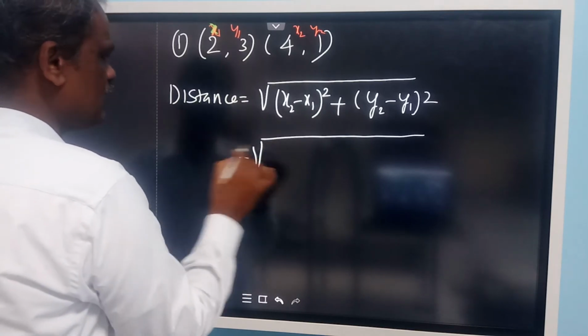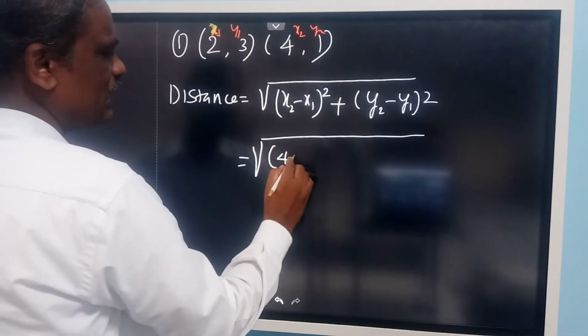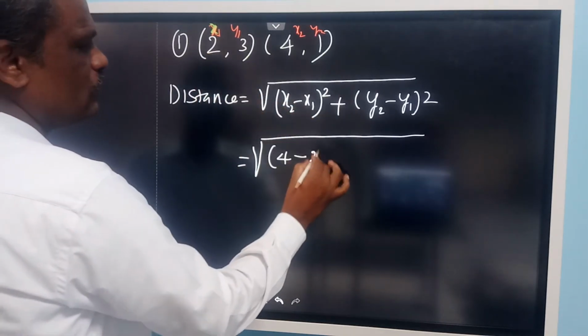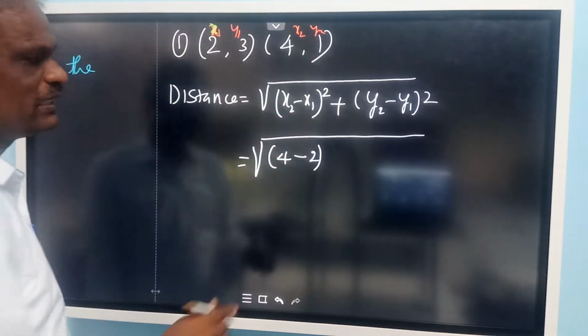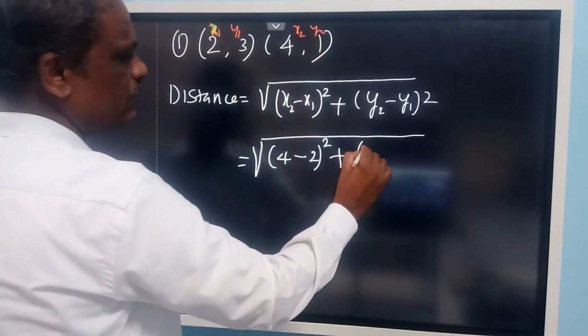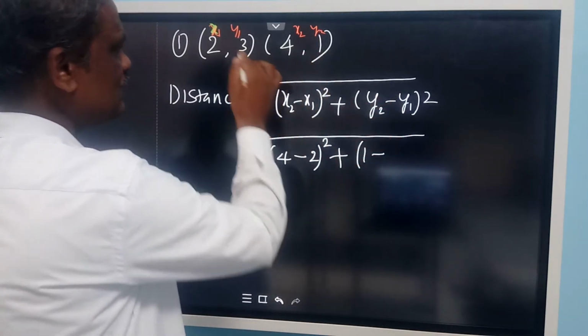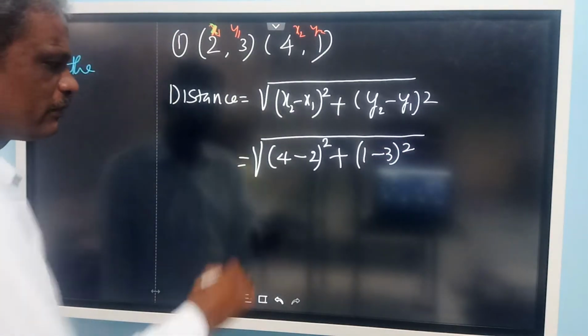So you can substitute here x2, here 4, minus, as it is, x1, 2. So 4 minus 2, the whole square as it is, plus y2, here 1, minus, as it is, and y1 is 3. So 1 minus 3 whole square.